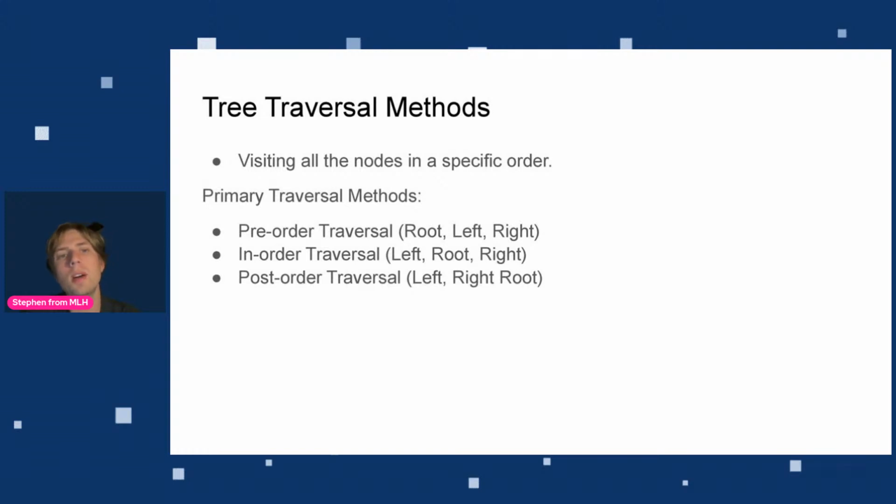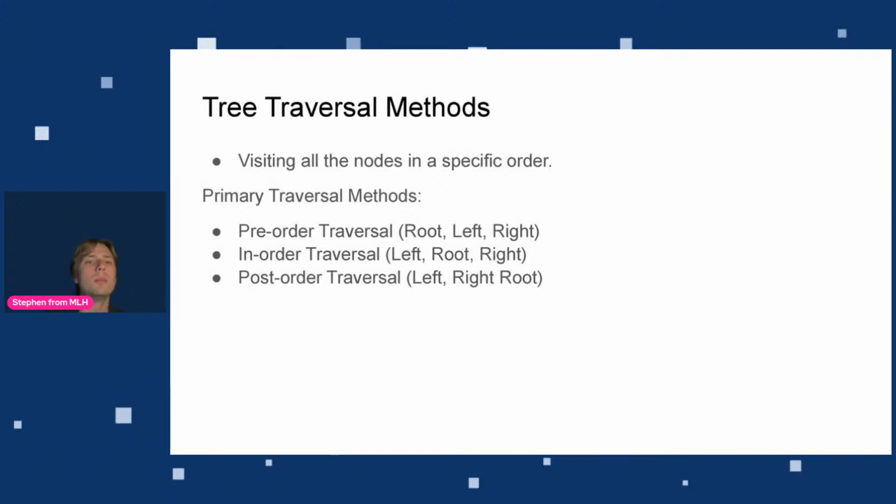But you know now that trees have a 2-dimensional structure, while arrays have a 1-dimensional one. So with trees, we need to choose some kind of order to traverse them in.